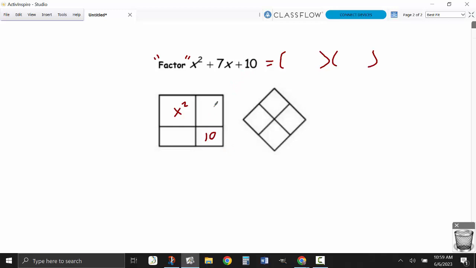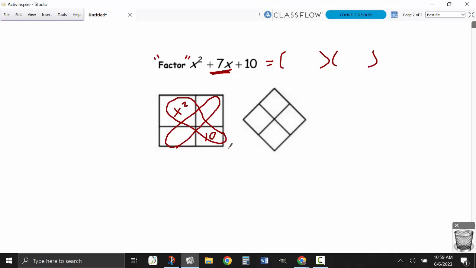The question is, how do we split up the 7 x's so that we get the same exact product that's on this diagonal? Remember our pattern from a second ago. So I know that whatever goes here and here has to add up to 7x. Well, if you look at our problem, that's the middle term. And the 10x squared, which is what this has to also multiply to be, right?